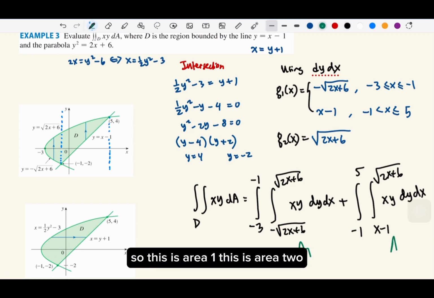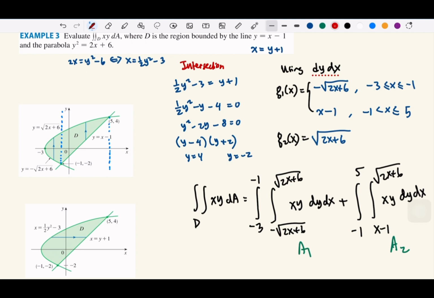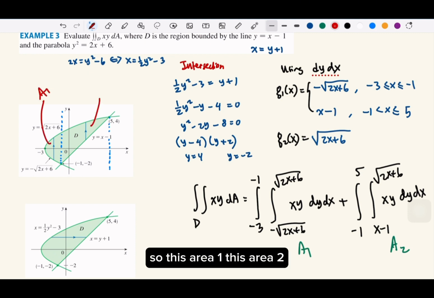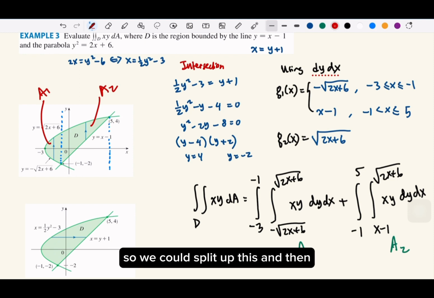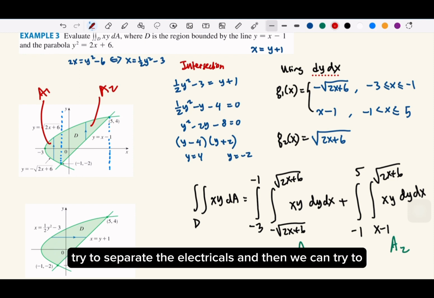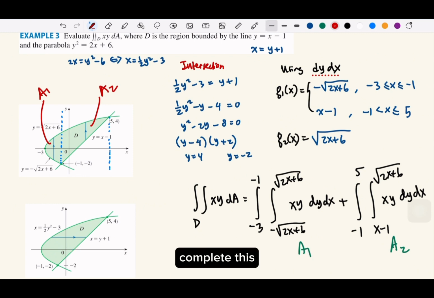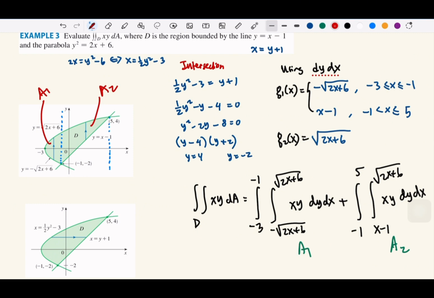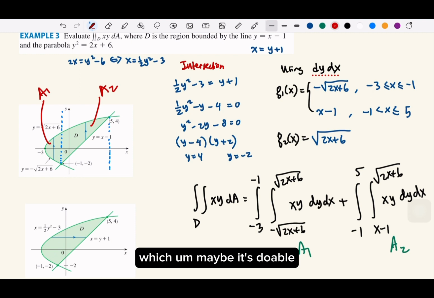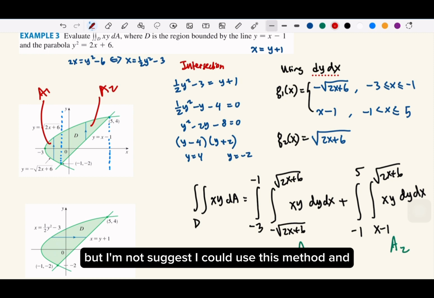So this is area 1, this is area 2. Okay. So we could split this up and try to separate the double integrals and then compute, but this is not what I'm suggesting. You will have trouble calculating the square root here. Maybe it's doable, but I'm not suggesting this method.